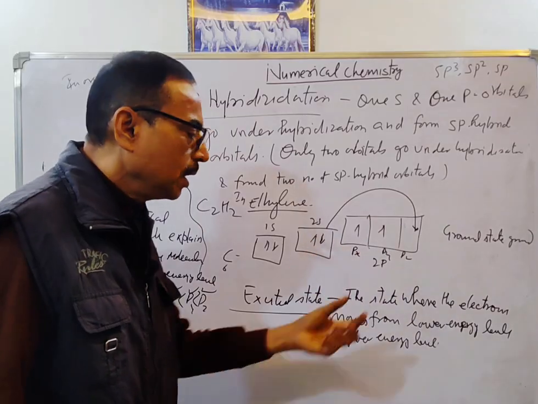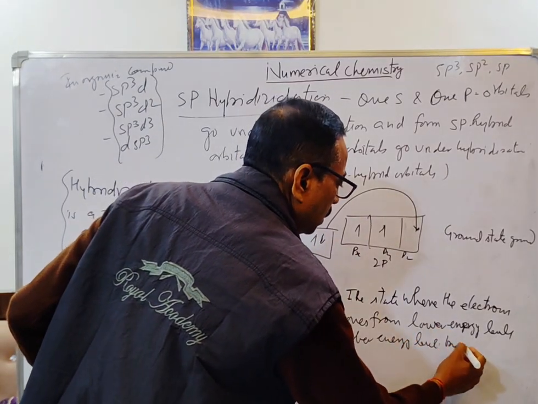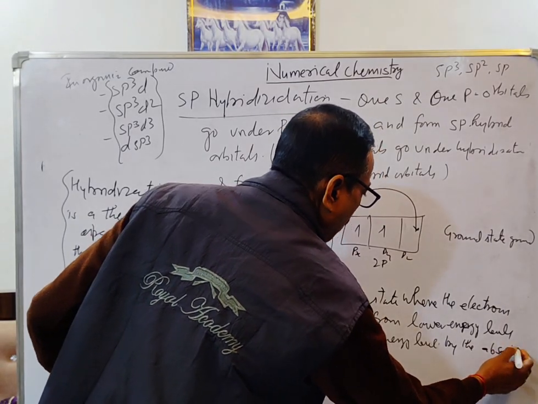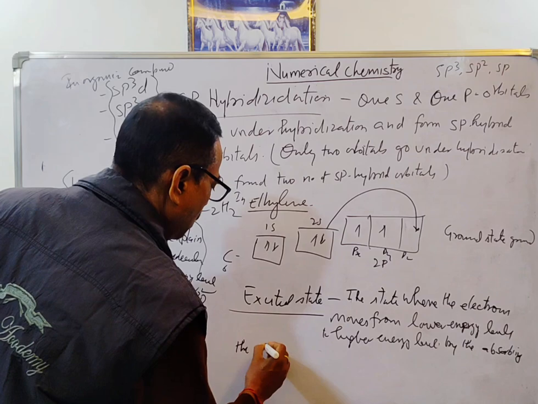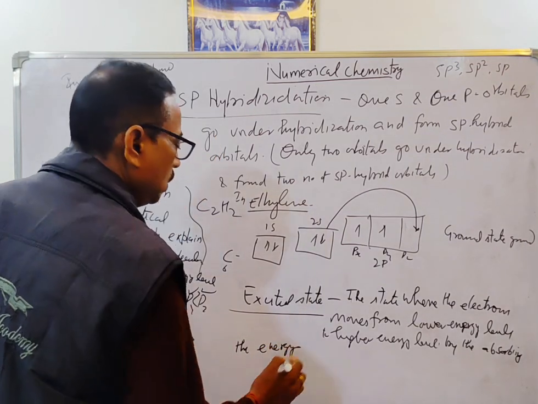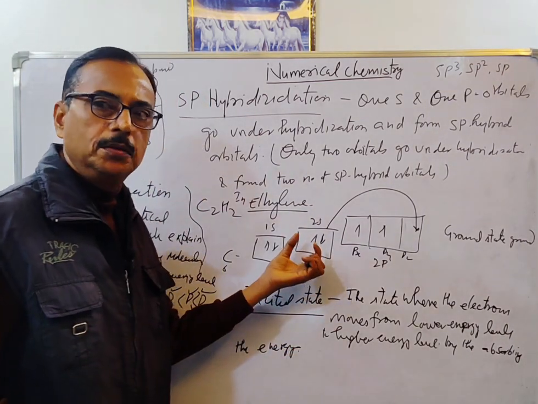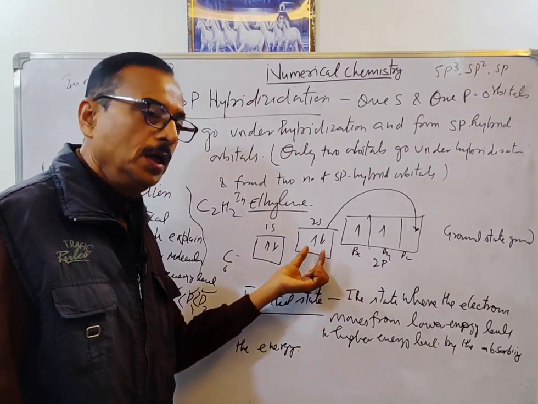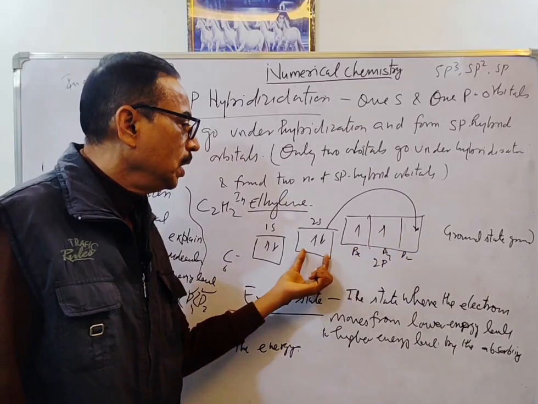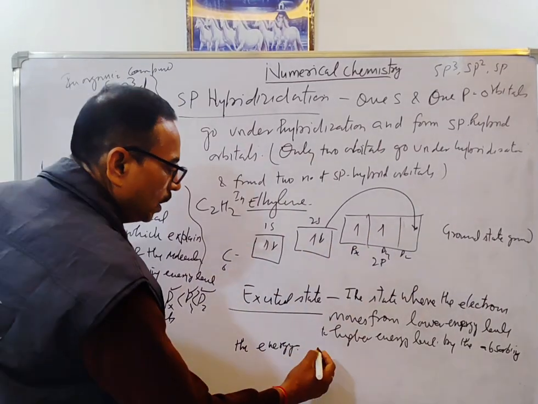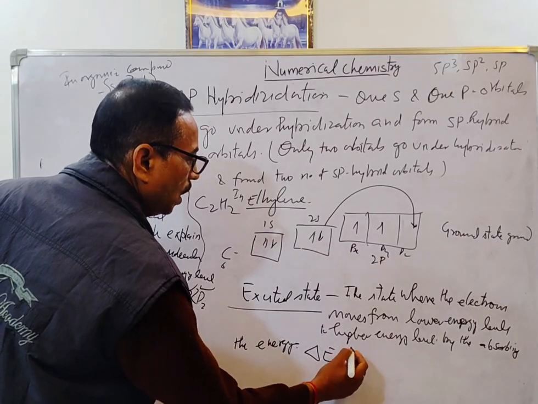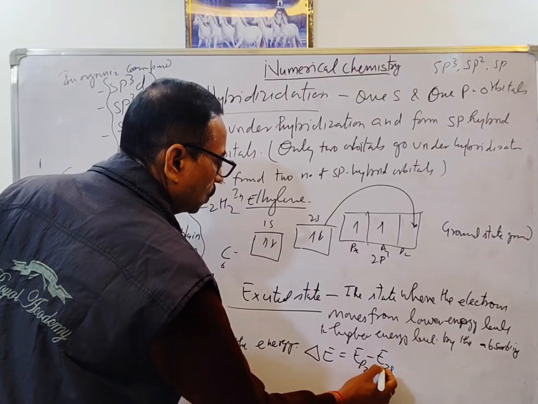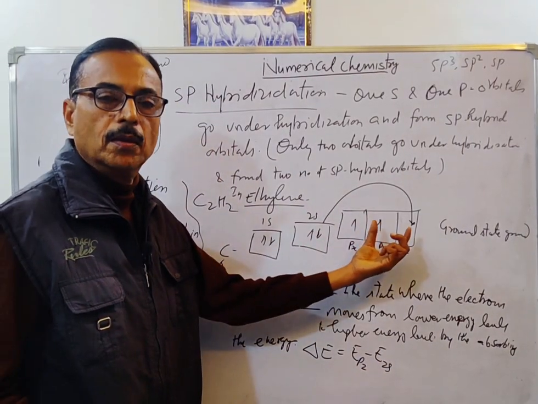It absorbs the energy. How much energy is absorbed? This electron absorbs energy equal to the difference of these energy levels of orbitals. So it absorbs energy equal to the energy of pz minus the energy of 2s. So this difference of energy it absorbs.